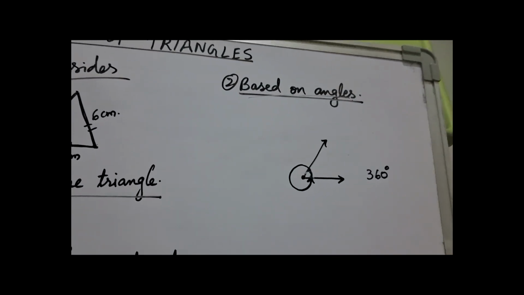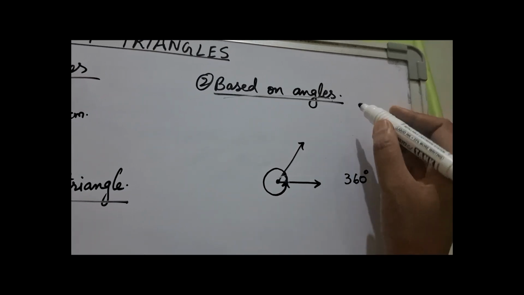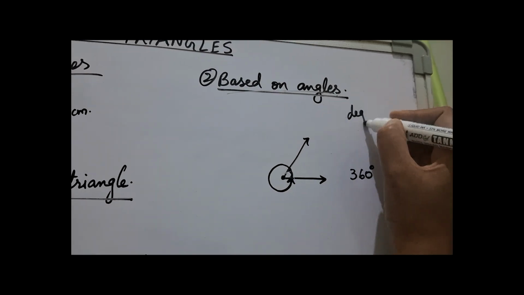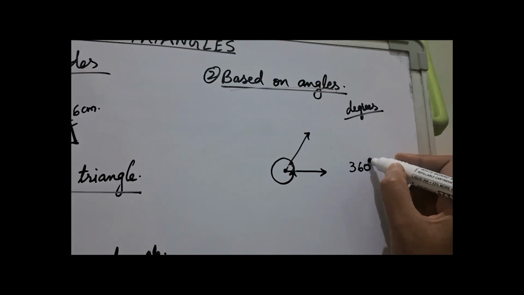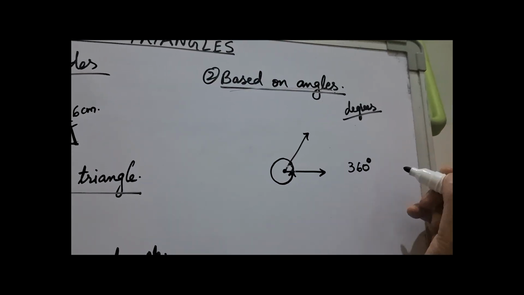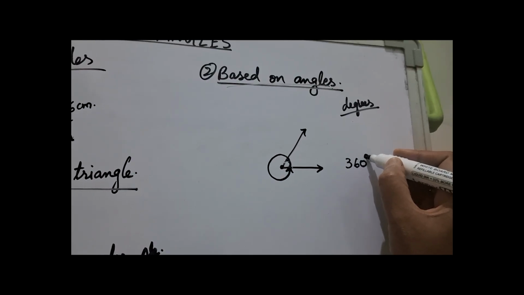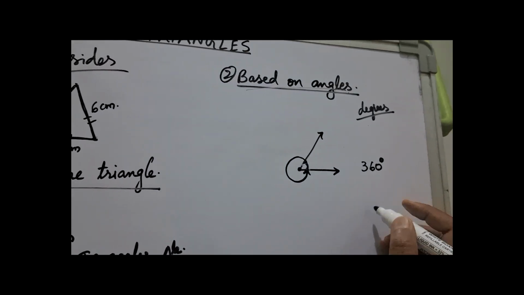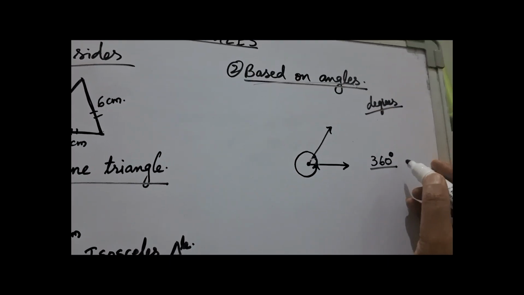Okay, children, angles are measured in degrees. The unit of angles is degrees, and the symbol of degrees is this one. A small zero is put on the top of the number. Now, the complete angle is 360 degrees.